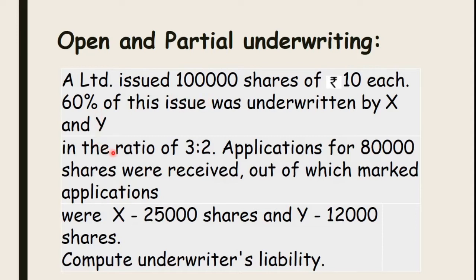The 60% will be underwritten in the ratio of 3:2 by X and Y. Applications for 80,000 shares were received, out of which marked applications were 25,000 for X and for Y it is 12,000. Now you have to determine the underwriter's liability.